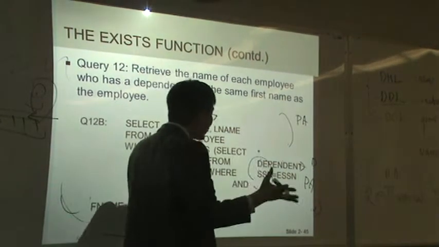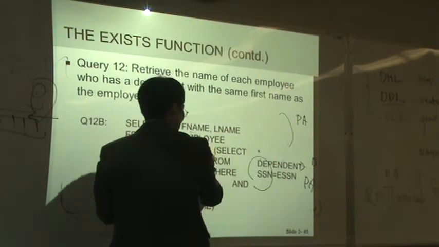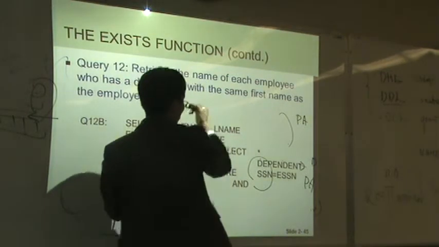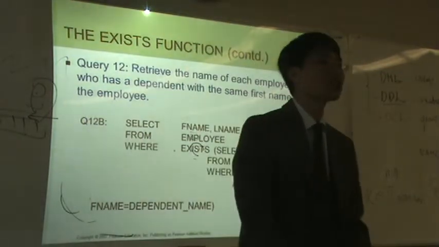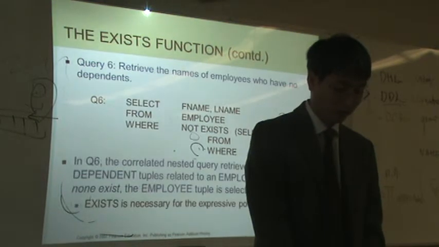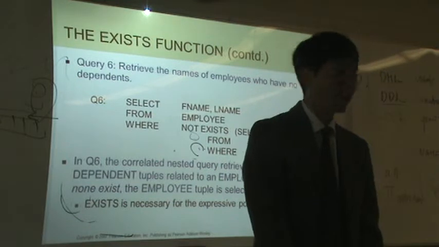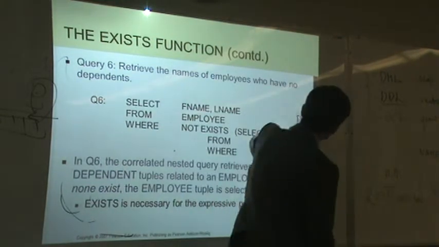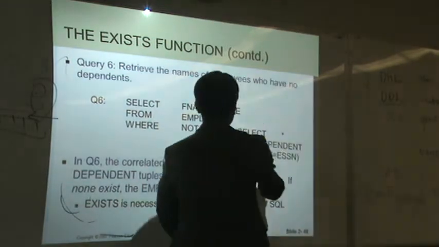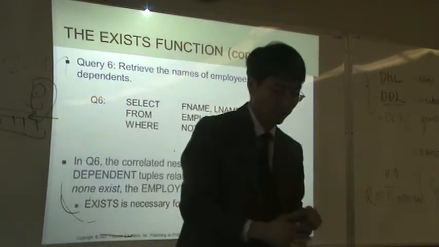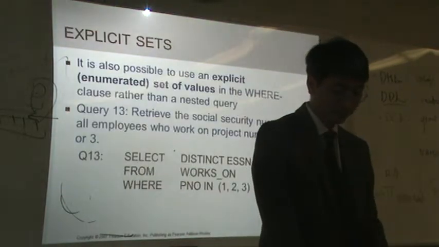No matter how many exist, it doesn't matter. Whether or not one exists: exists is yes, true, then the employee will be returned. Exists is actually used a lot. It's a very powerful option. What about not exists? Not exists is also usable in SQL, which means if there's no dependent, it will be returned.